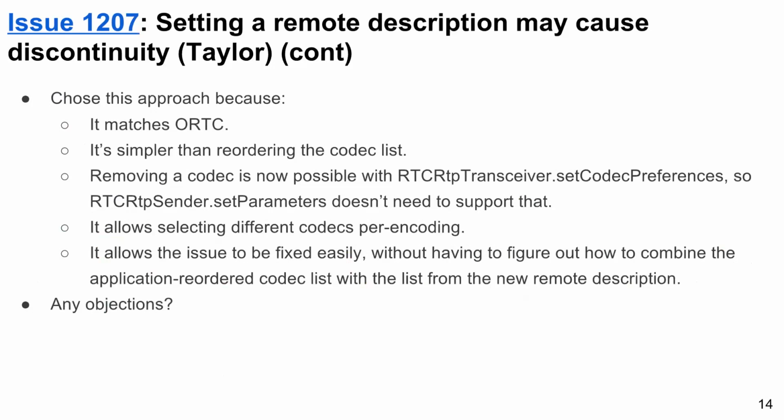Okay, so I don't think this is fully explained here. We talked about this a lot when we came up with the current design of how preferences work. The important part is that if you had one offer with a list of codecs, and you say you don't want to use one particular codec and eliminate it, but then you get a reoffer that reorders the priority of some of those other codecs, the browser needs to take care of that.